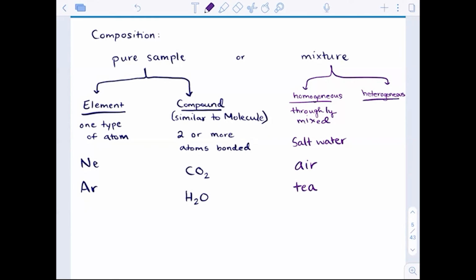Heterogeneous, on the other hand, is not thoroughly mixed. So we get kind of like this cookie cutter, this side is more one thing and this side is more the other. The best thing that I can think about in a scientific example is the ocean. A lot of my undergrad research back in the day, a long time ago, was on the top 6 inches of the ocean. We see a lot of dissolved organic matter.